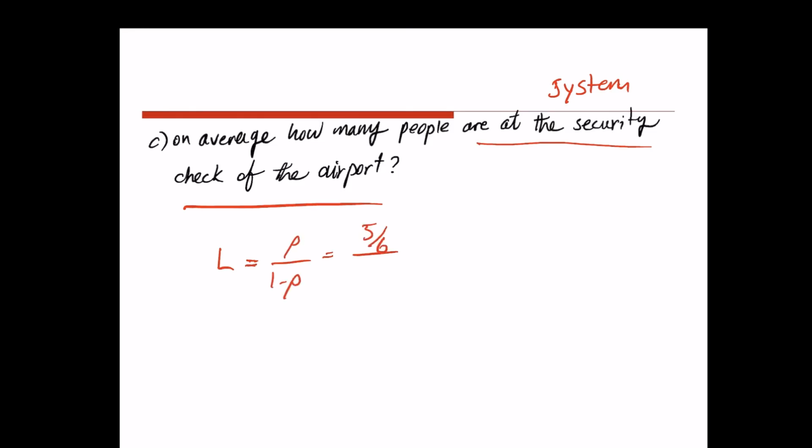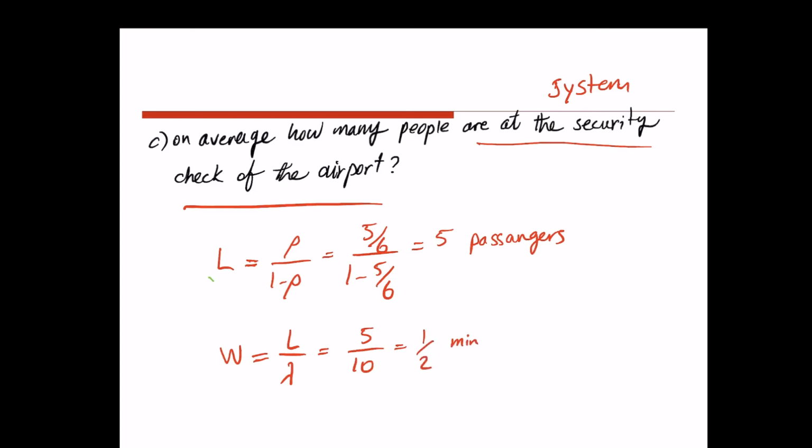And if I want to calculate the time that these passengers wait in the whole security check part of the airport, that's going to be W, the whole time that the passengers need to wait in the system before they are finally done. W is L over lambda, which is going to be 1 over 2 minutes.